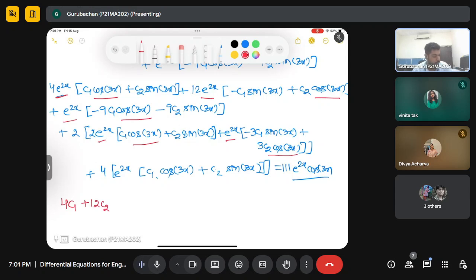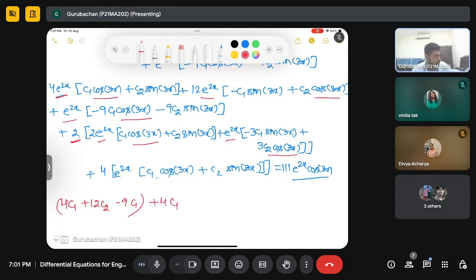After that, minus 9C1, plus this one, 2 times is also outside, so it will be 4 times C1.